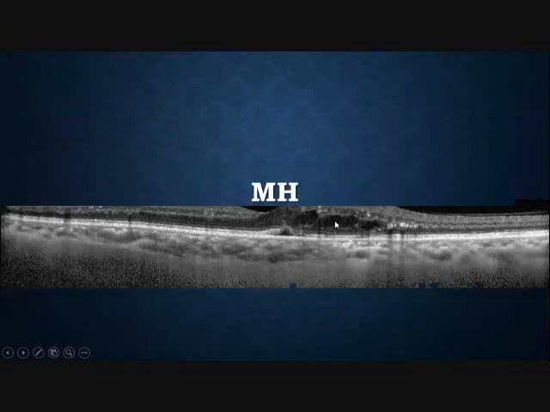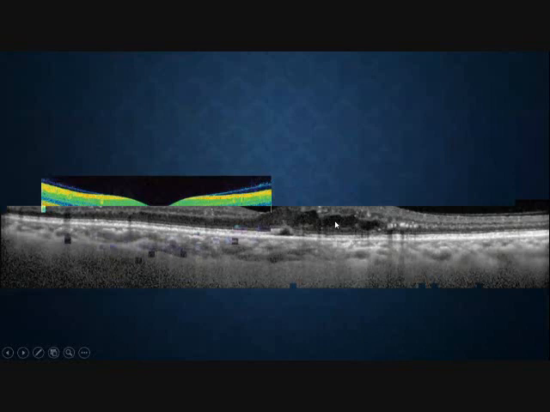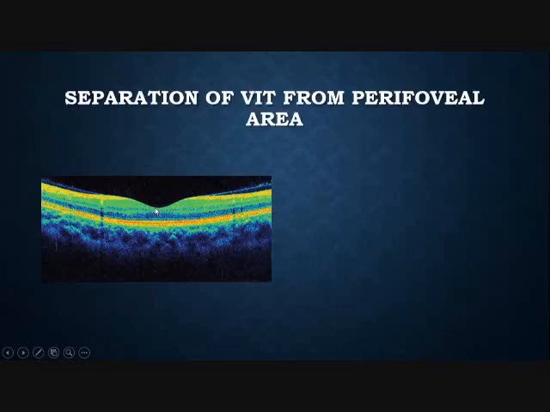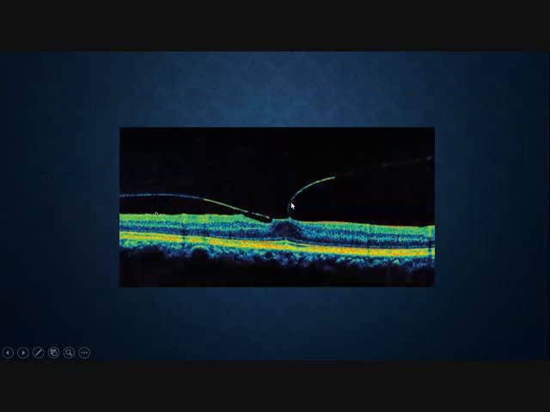So now coming on to macular hole, this is VMA. Now the vitreous has separated from the perifoveal area, but it is attached at the fovea. So vitreomacular adhesions. So this is the form of adhesions. Now this is vitreomacular traction.